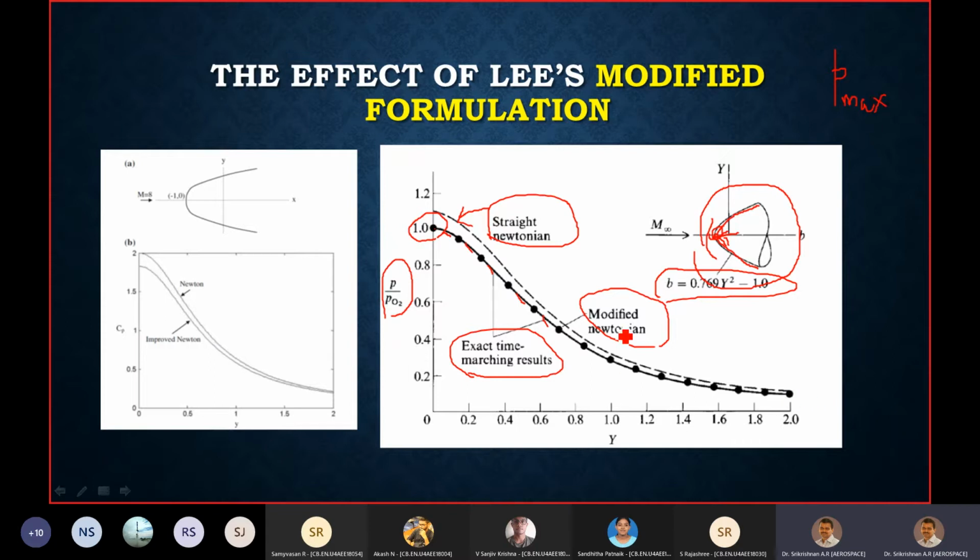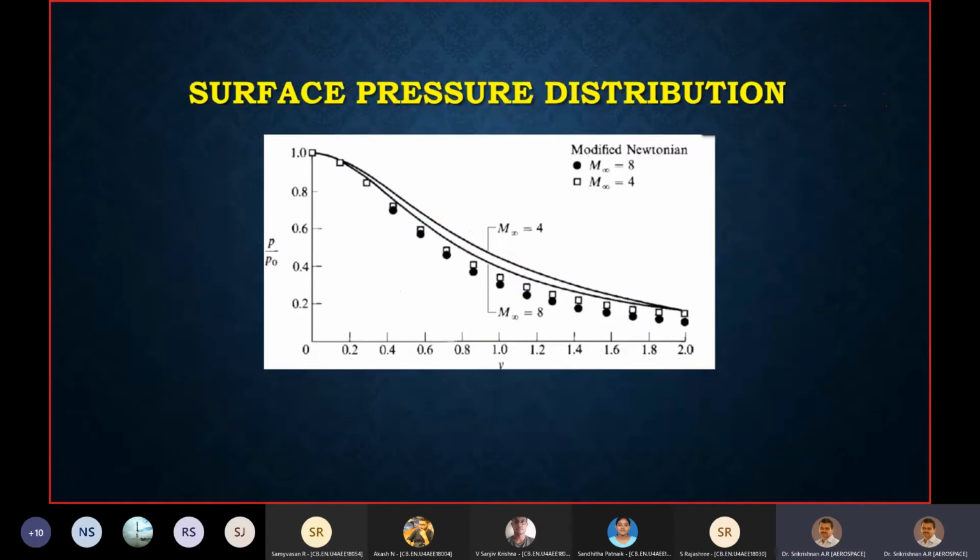So two things to be noticed from this: even Newton's original method is giving fairly close results, but Lee's modification gives a better match, particularly when you have a detached shock. That's the importance of Lee's modification.